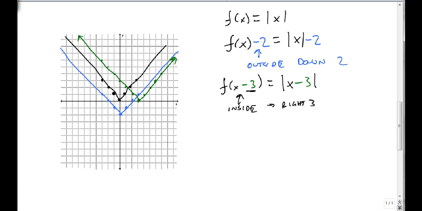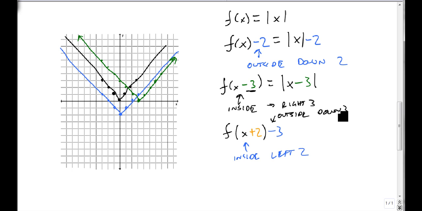Finally, what happens if we took our f of x and we added 2 to it on the inside, and we subtracted 3 from it on the outside? So we need to do both. This actually says, since it's inside, it's lying, so we're going to go to the left 2, to negative 2, and this part's on the outside, so it says we're going to go down 3.